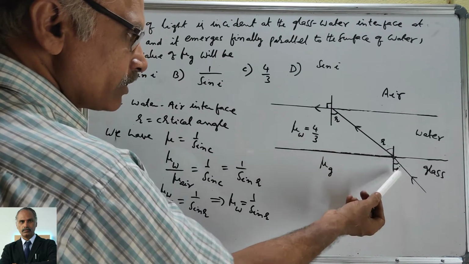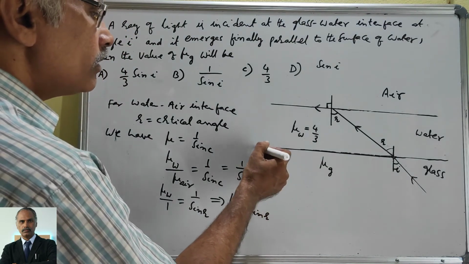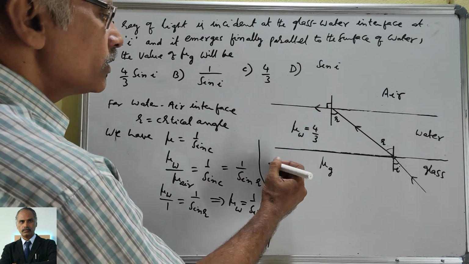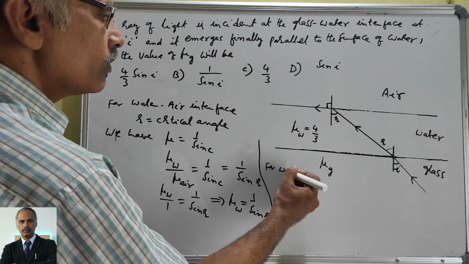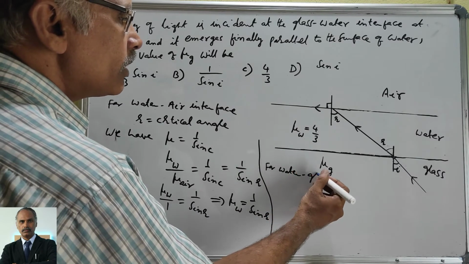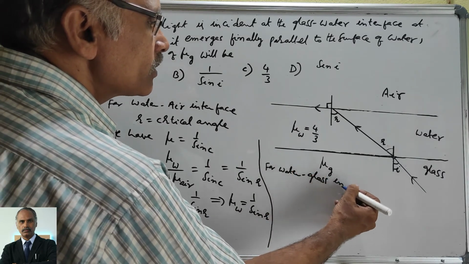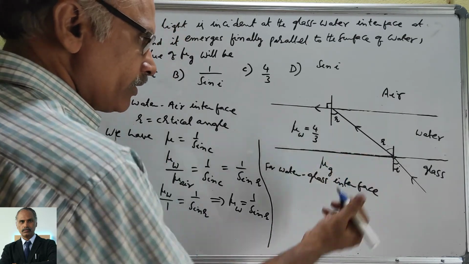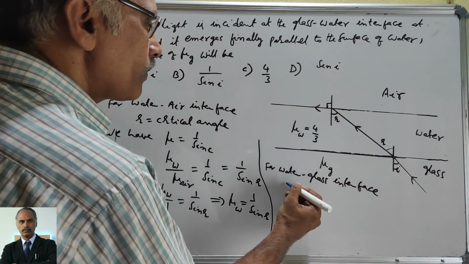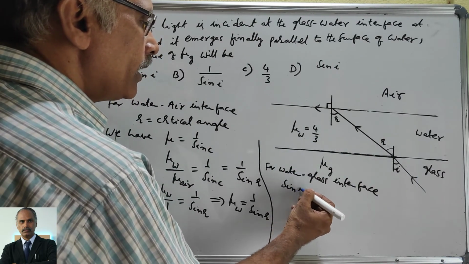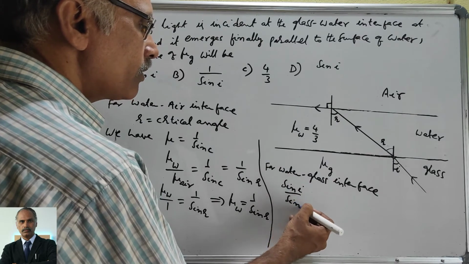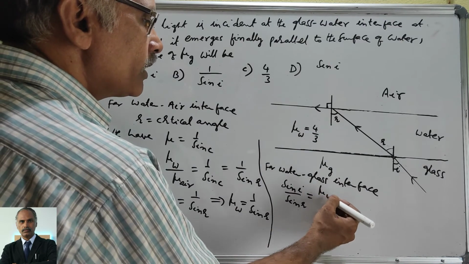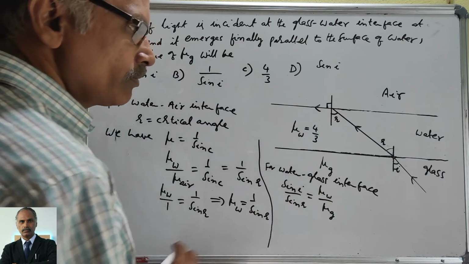If we apply Snell's law for the glass-water interface, sin I by sin R gives the refractive index of water with respect to glass.